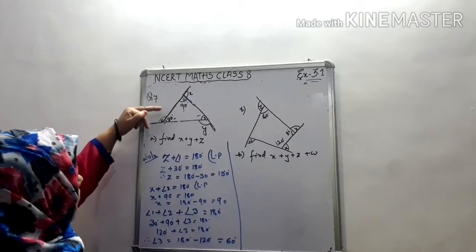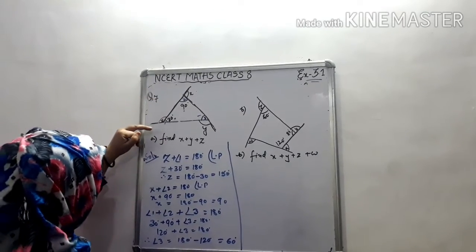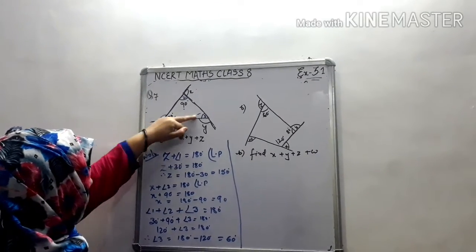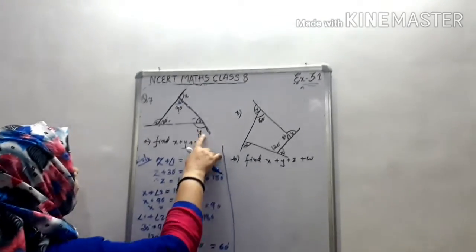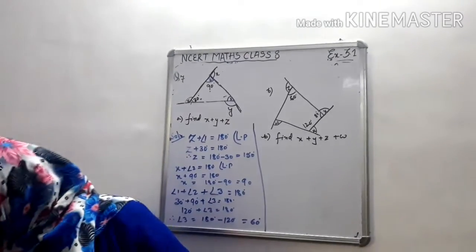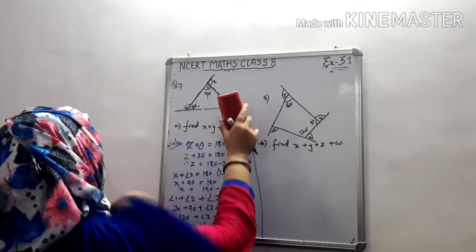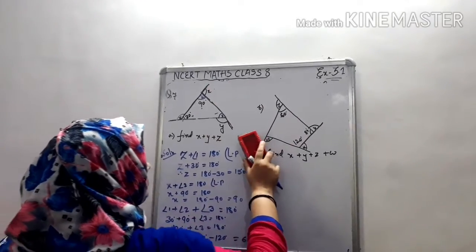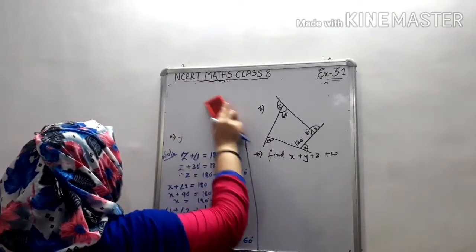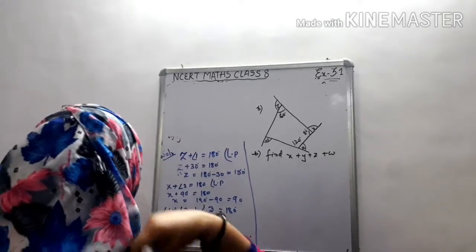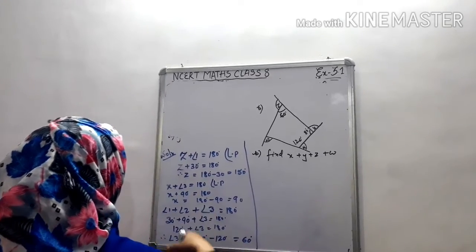Now we have to find the value of x. We have found the value of x. We have done it. z also done. Angle 3 we have found. Now we have to find the value of angle y. So just look here. Now we will find the value of y.